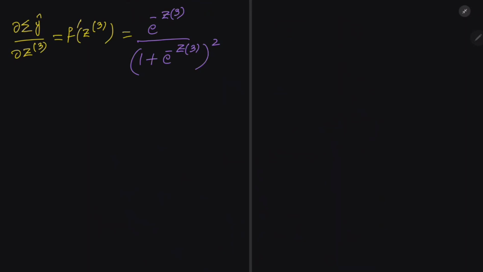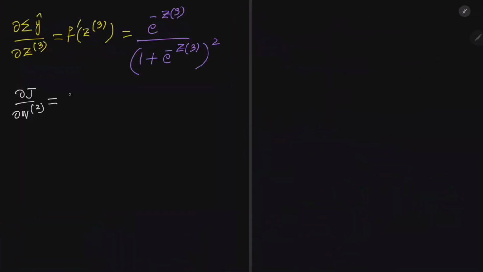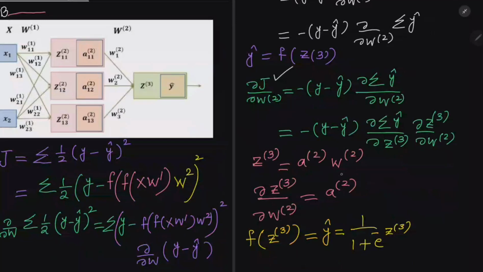So we have partial J by partial w2 that will be equal to, now we are talking about J with respect to w2, we are back to our derivatives, minus y hat f dash z3 a2, that was over here a2, and so on.